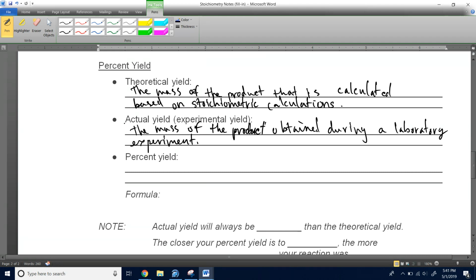So we use both the actual yield and theoretical yield to calculate a percent yield. And this is simply a ratio between the actual yield and theoretical yield.